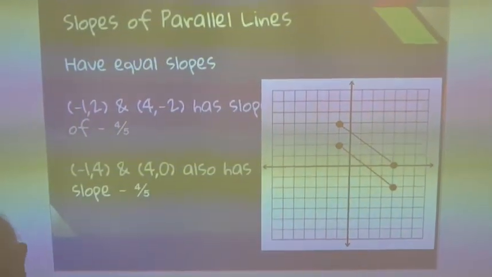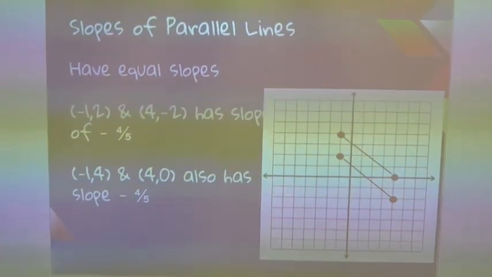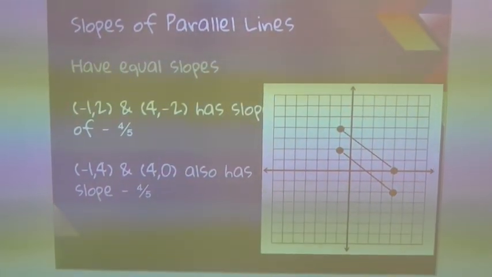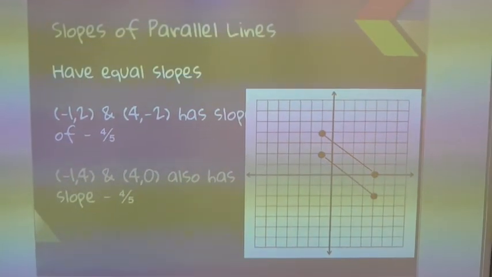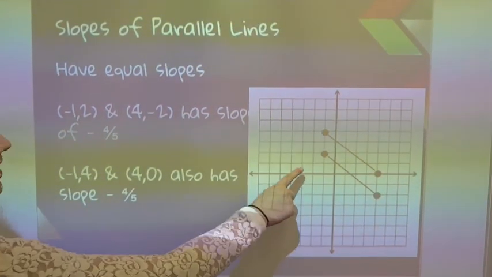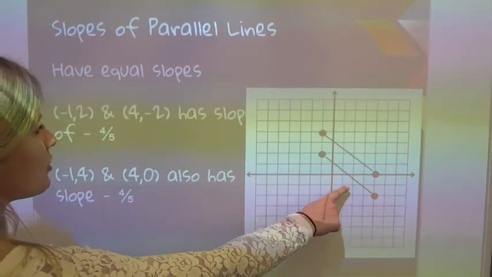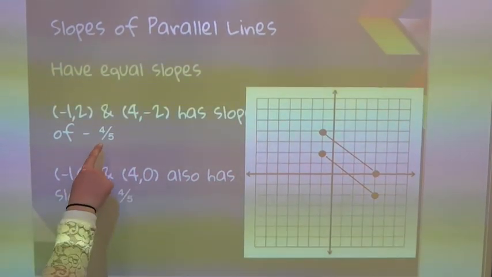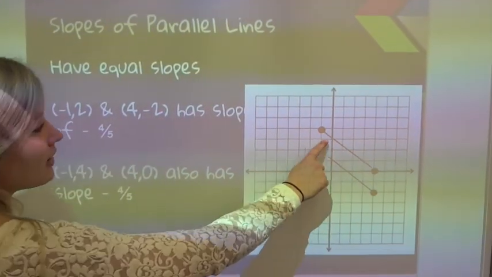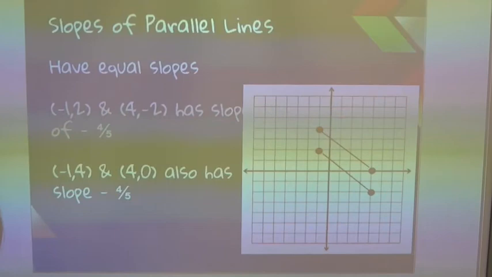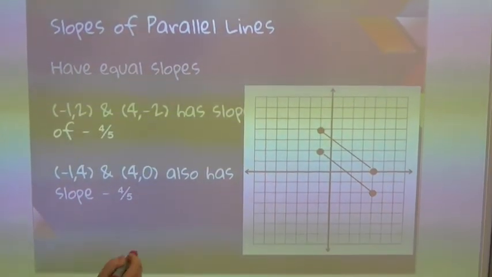Now we will be going over some properties of slopes. Slopes of parallel lines have to be equal. This is the line from before, so we know that this slope is negative 4/5. So this line above has to have a slope of negative 4/5 also, so we will prove that.